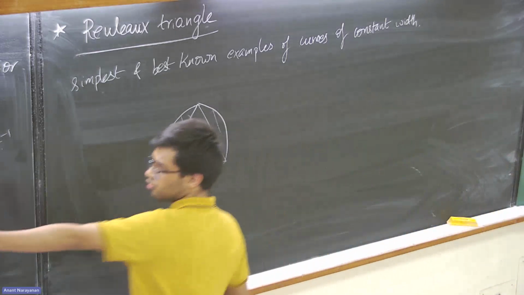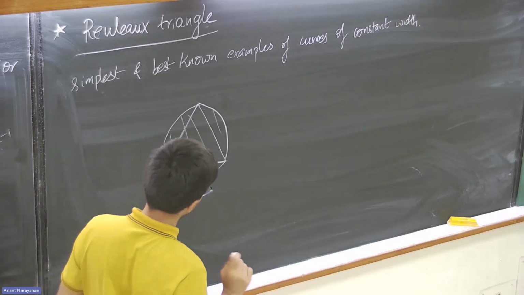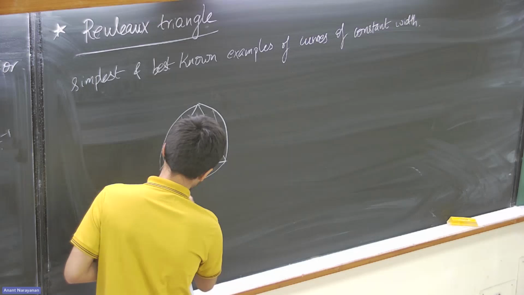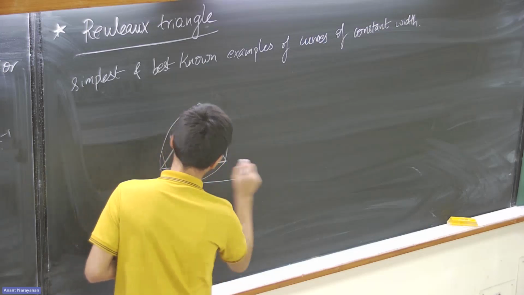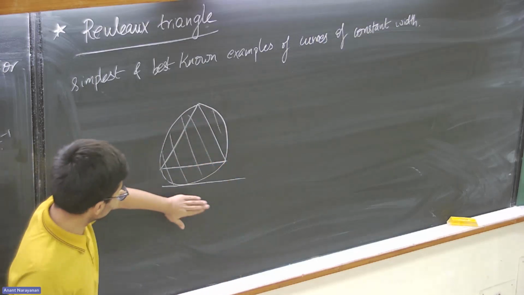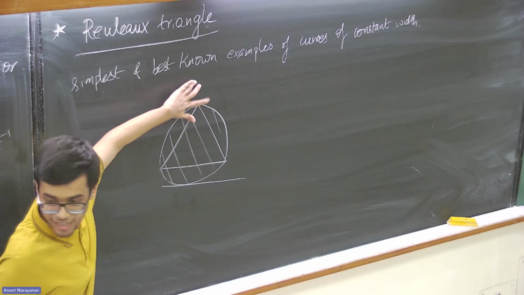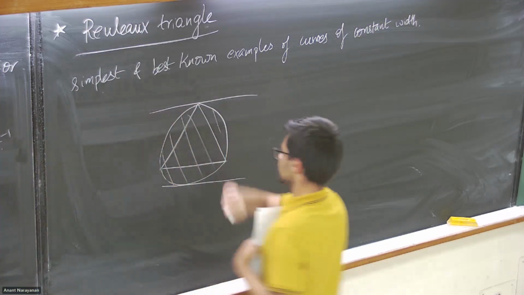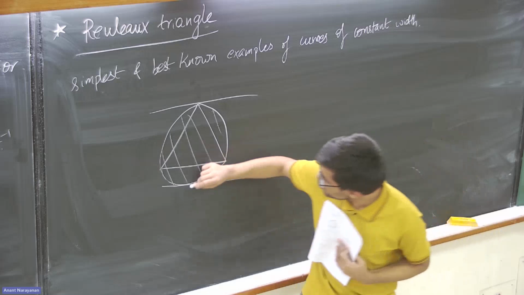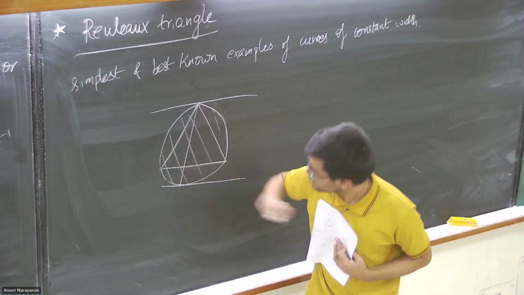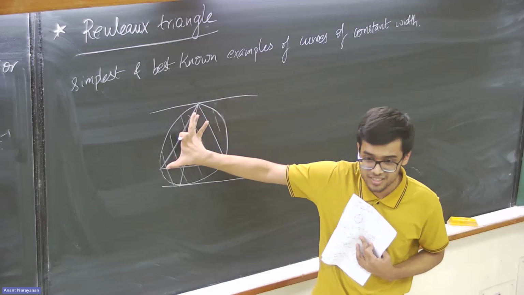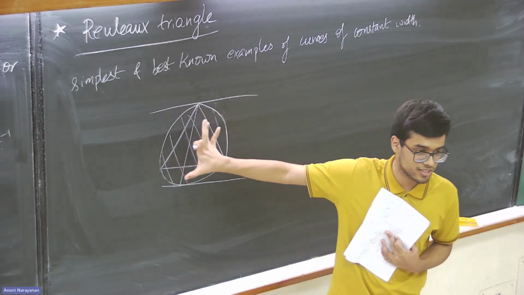Because for a curve of constant width, you have to look at parallel supporting hyperplanes, right? You take any circular arc, fix this circular arc. If I take this supporting hyperplane here, a parallel supporting hyperplane will correspond to a supporting hyperplane for this vertex here. Now the distance between them, this is the circular arc, is precisely this distance, which is the side length of this equilateral triangle.